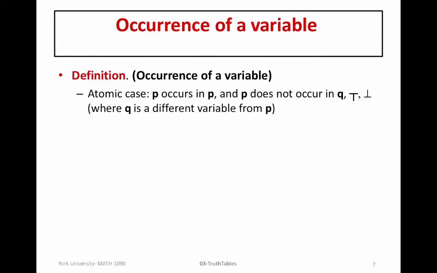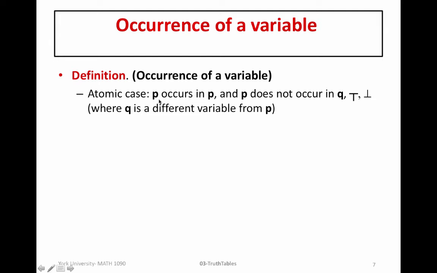So again, we define this according to the formula calculation for well-formed formulae. So in the atomic case, that first case of the formula calculation where we just add Boolean variables and constants, we define what it means to occur in one of these atomic formulae.